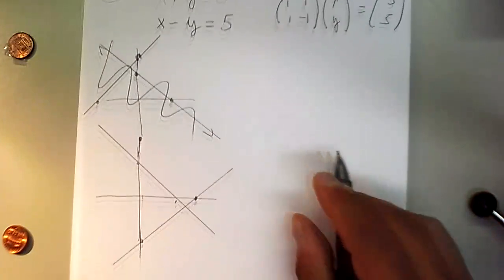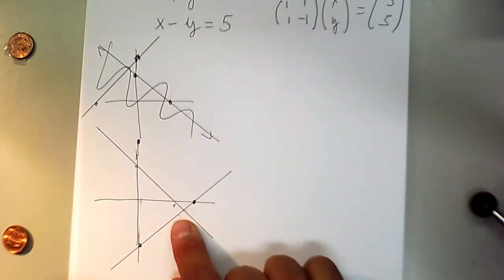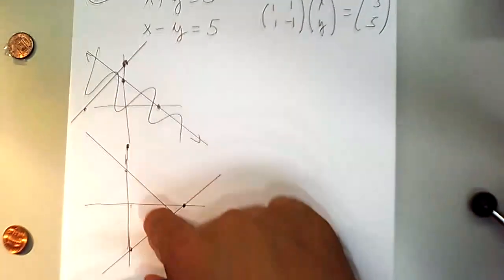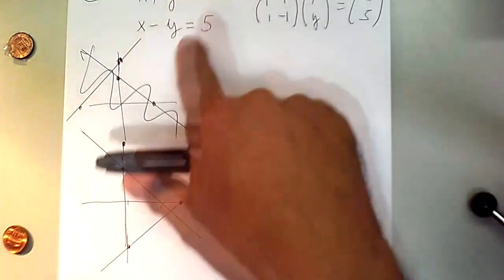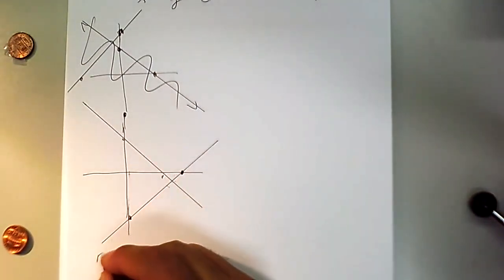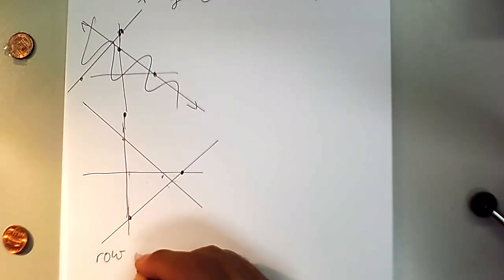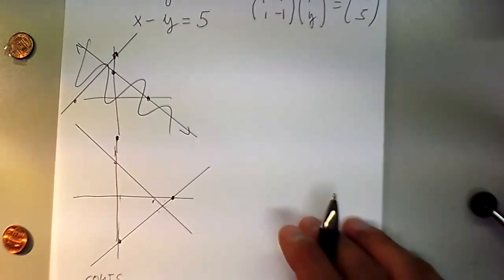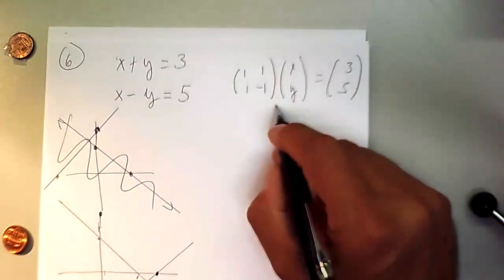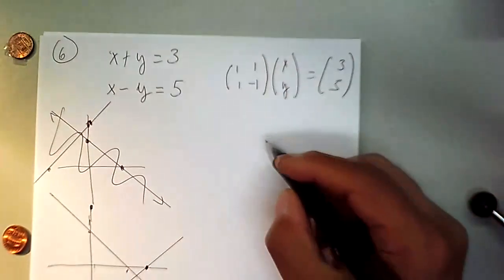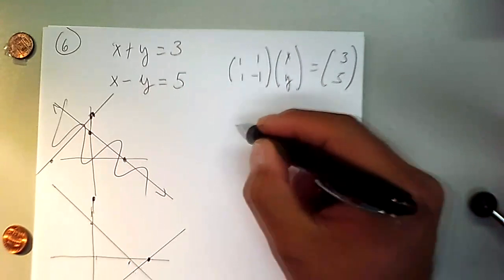So sure enough, the solution is 4, negative 1. Okay, so that is the row interpretation. If we look at the rows, that's the way to think of it. What about the column interpretation? That's a different story.